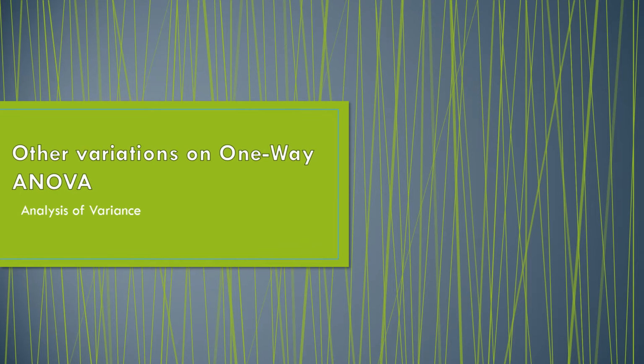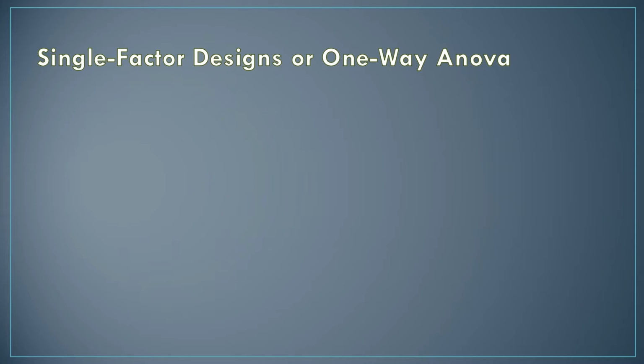This video will give you some information on other variations on the one-way ANOVA. So a one-way ANOVA is considered a single factor design in that you only have one factor or one independent variable that's establishing your groups within an ANOVA.